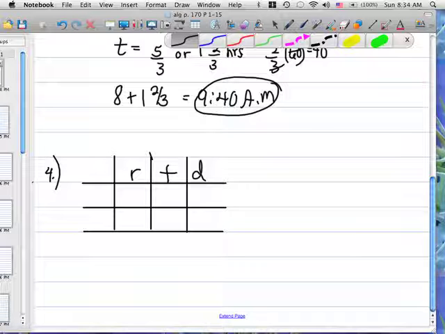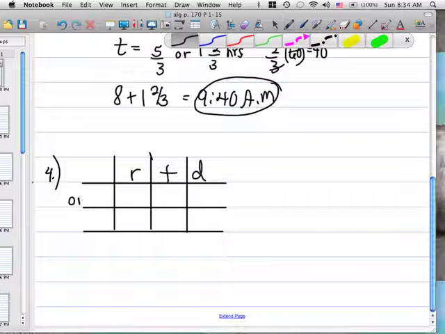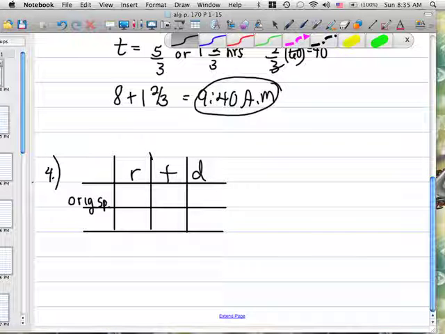And in number 4, it says Jenny had driven for 2 hours at a constant speed when road repairs forced her to reduce her speed by 10 miles per hour for the remaining 1 hour of her 152-mile trip. Find her original speed. So we can break this up into uniform motion by making 2 different times for her, or 2 different speeds. Her original speed and slower speed.